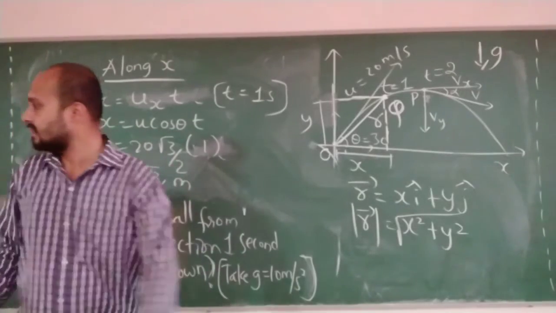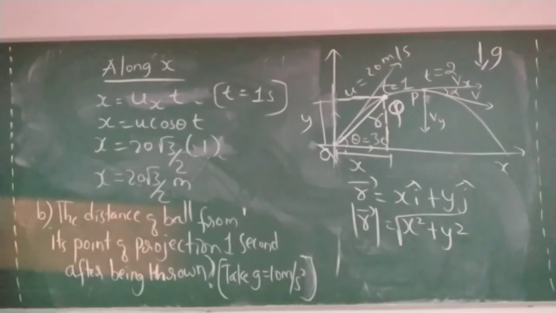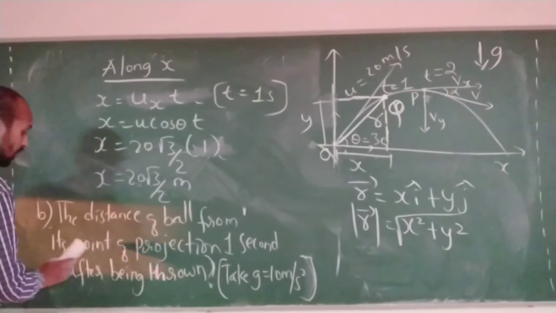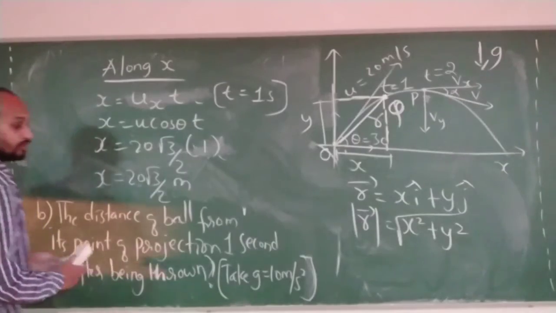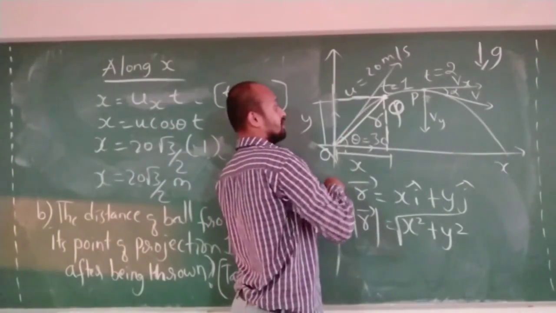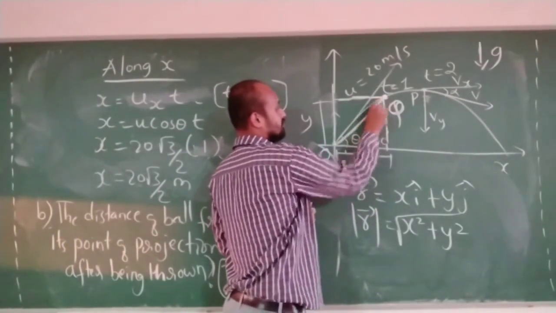Now find y. What is the value of y? The distance of the ball from the point of projection 1 second after being thrown means I am finding r. Try to understand.